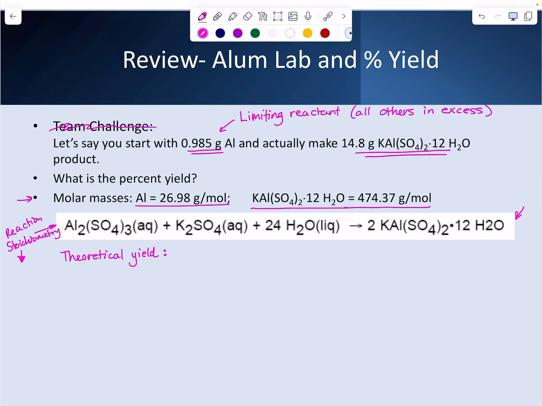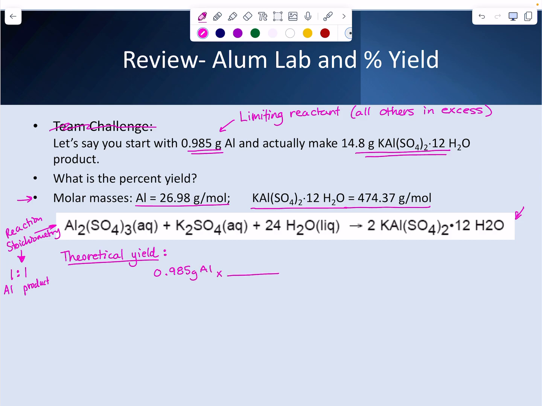There were a few steps before it, but we had a 1-to-1 ratio between moles of aluminum and moles of product, okay? So our theoretical yield in this case is going to be based on how many moles of aluminum we started with.